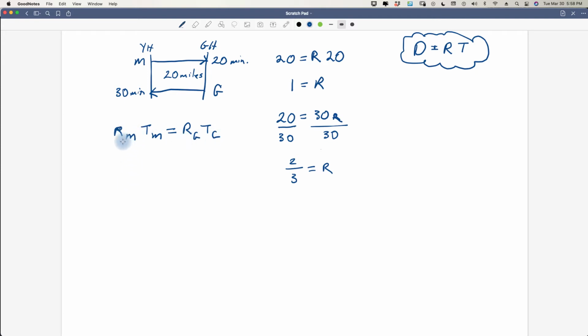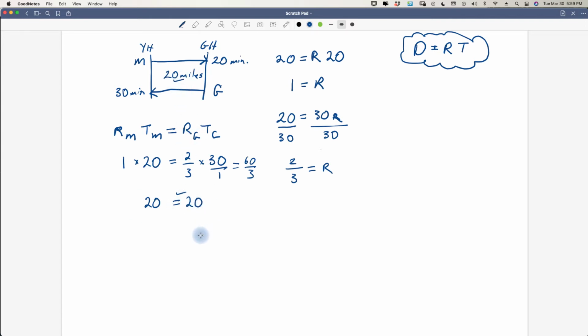If mom is driving at 1 mile a minute for 20 minutes, and grandma is driving 2/3 of a mile for 30 minutes, all right, this side equals 20 miles. We put this over 1, we multiply, we get 60 over 3. 60 divided by 3 is 20. So we come back to the 20 miles.